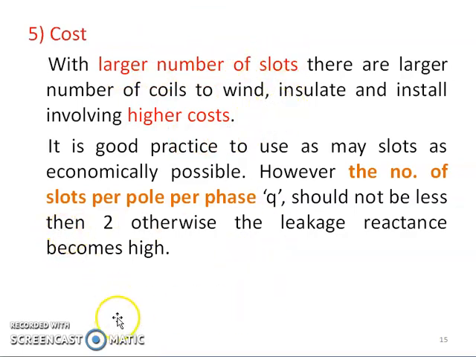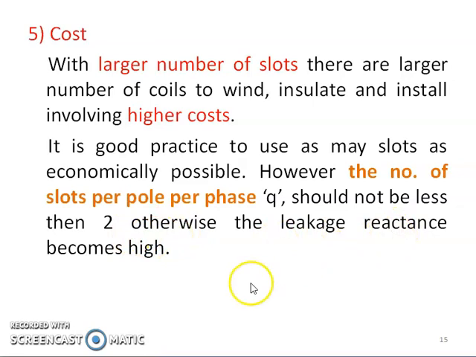Then, what is the good practice to choose the number of slots? Here, it is good practice to use as many slots as economically possible. However, the number of slots per pole per phase Q should not be less than 2. If it becomes less than 2, what happens?